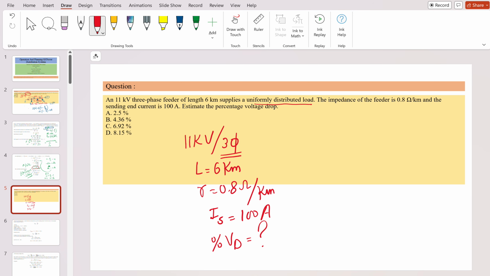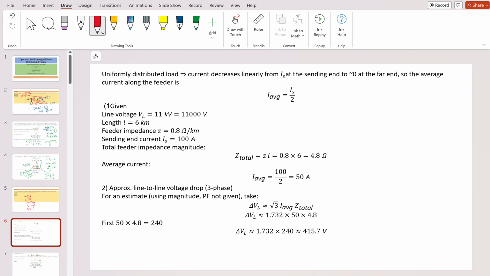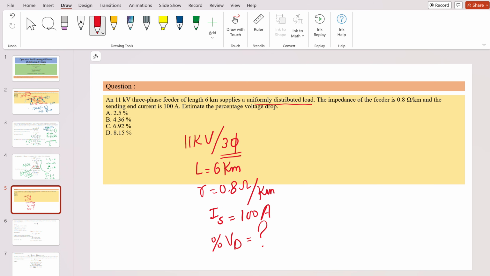Okay, let me give the solution. First let me explain, and after that we will see whether it is correct or not.